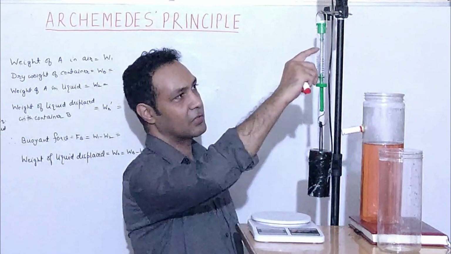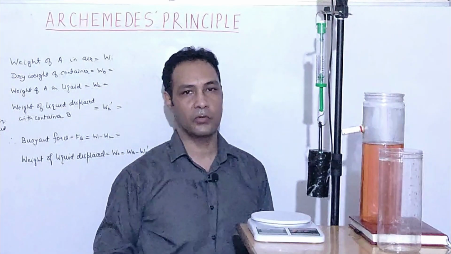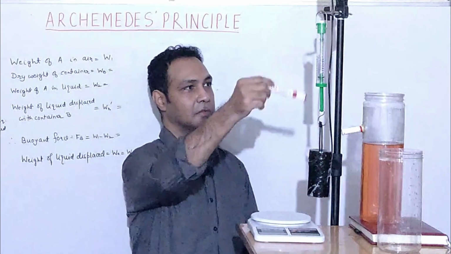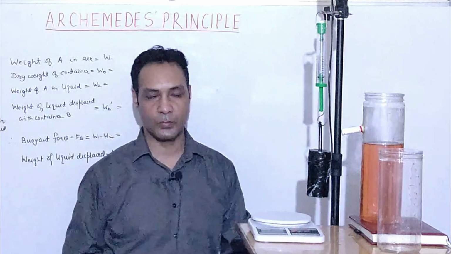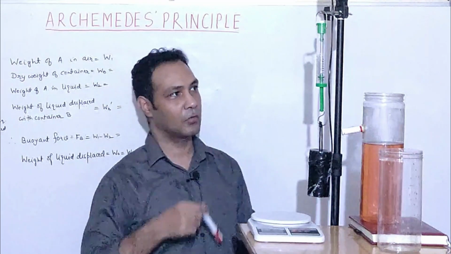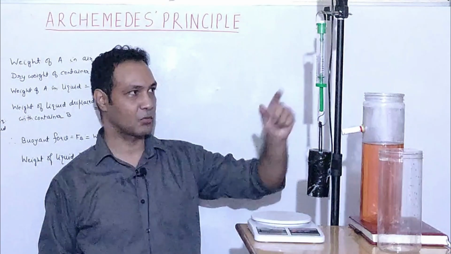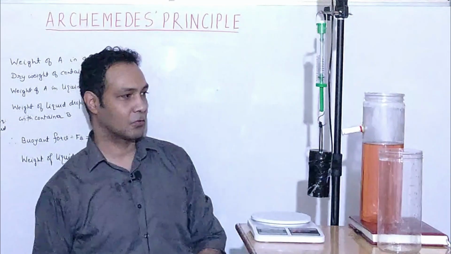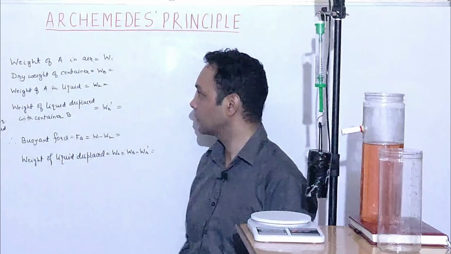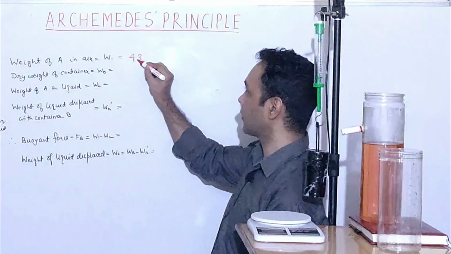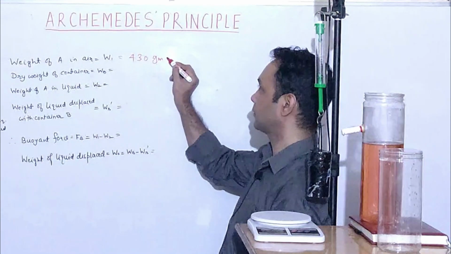The least count of this spring balance is 10 gram, so we'll have a maximum error of 10 gram in its reading. But I will still go with the reading of this spring balance, because I have to measure the weight of this block in air using it. So the weight of block A in air is 430 gram weight.